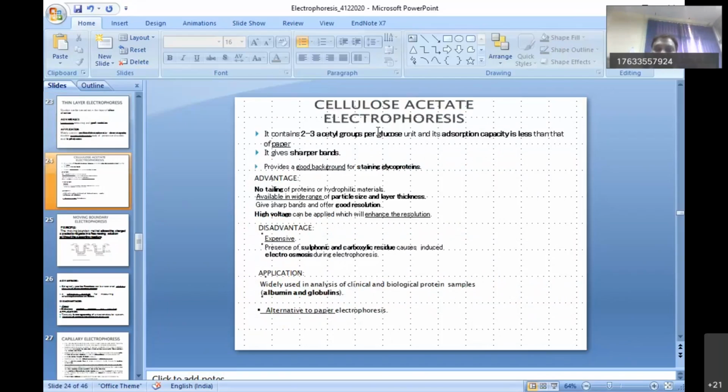Cellulose acetate is another supporting medium used for electrophoresis. I just want to introduce all the kinds of supporting media which can be used in electrophoresis depending on the nature of the experiments.